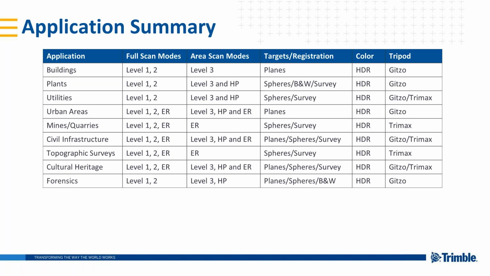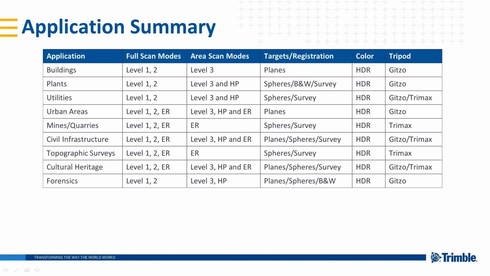The area scans, you're going to use level 3, high precision, extended range. They're the most commonly used. For targets and registration, buildings in urban areas can rely solely on plane-based registration, where other applications will require targets and possibly survey control.